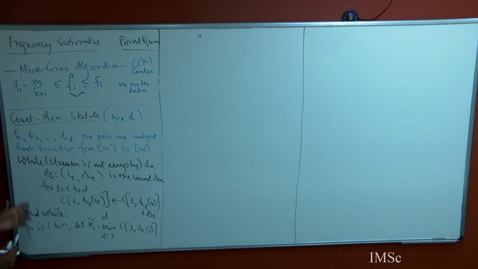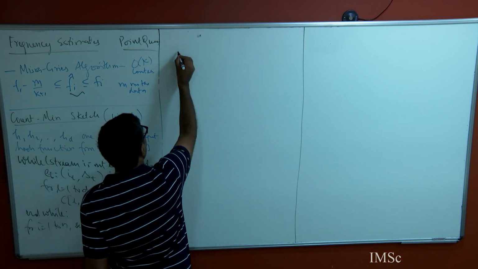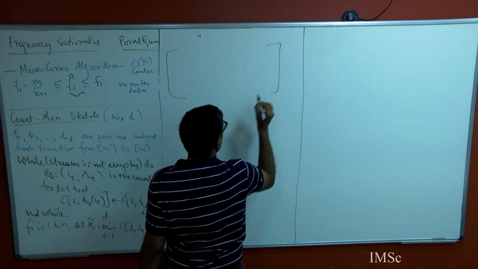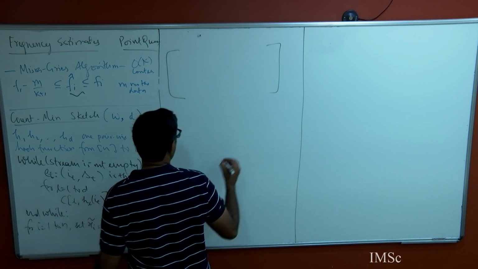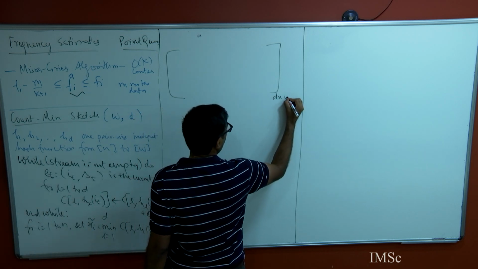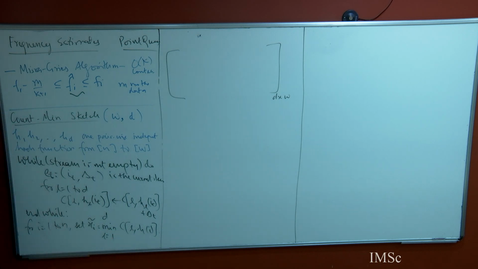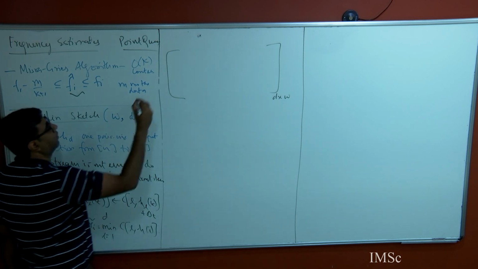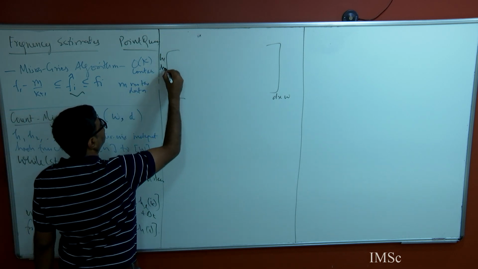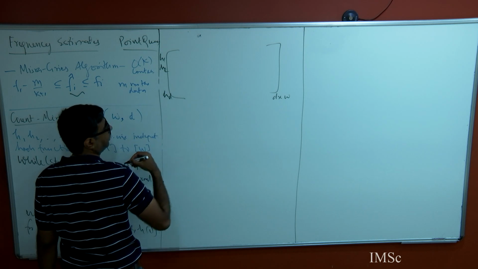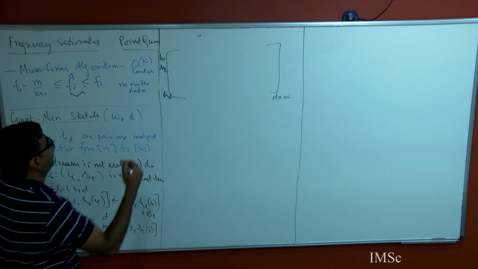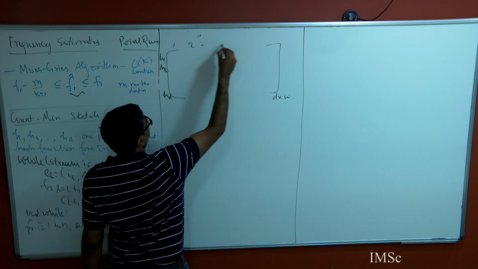Think of this as a rectangular box, a d cross w box. Each row is indexed by my hash functions h1, h2, up to hd, and each of these are buckets.